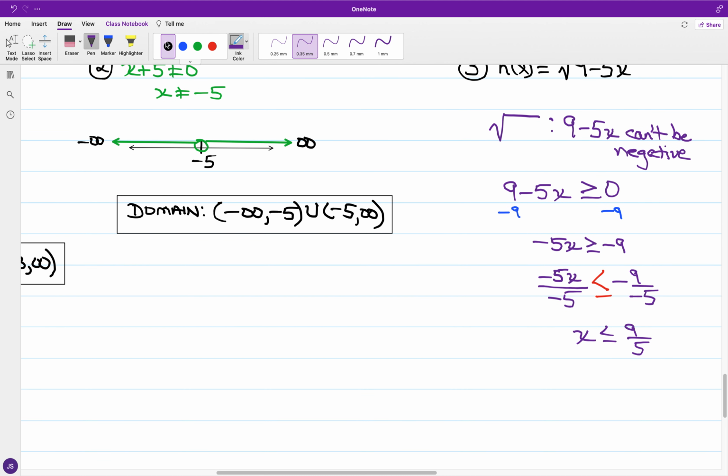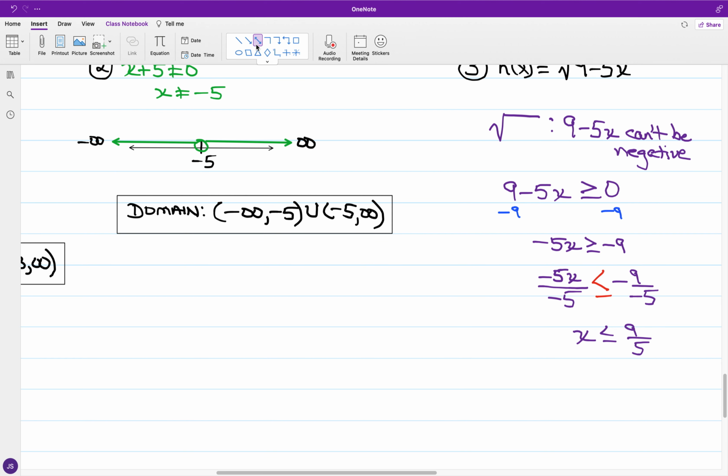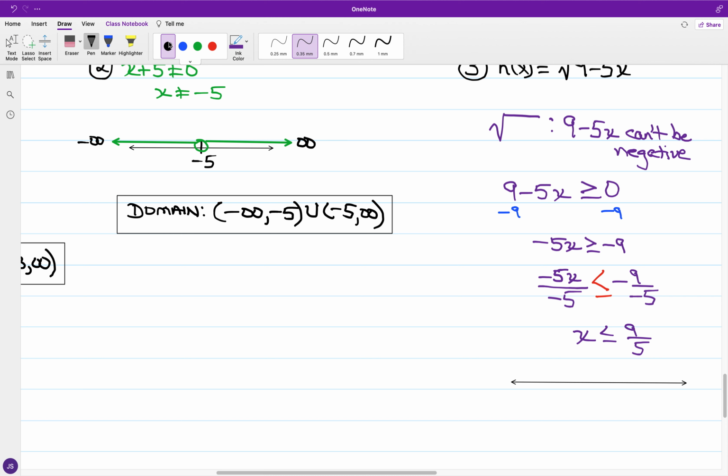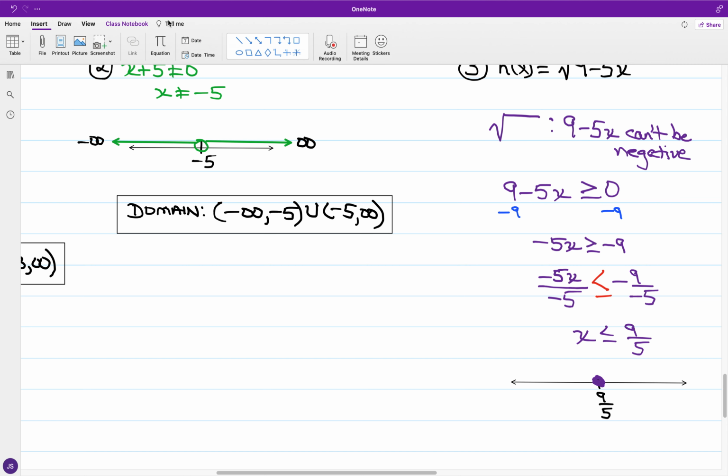So again, we have the value 9/5, and 9/5 is included, so you have a solid point. Everything else is going to be less than, so we're going to have an arrow that goes out to the left.